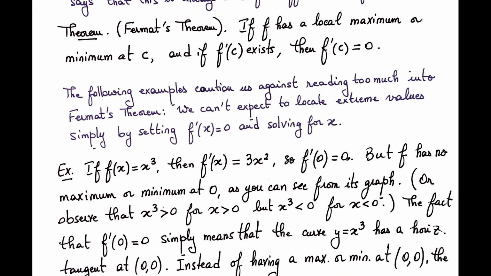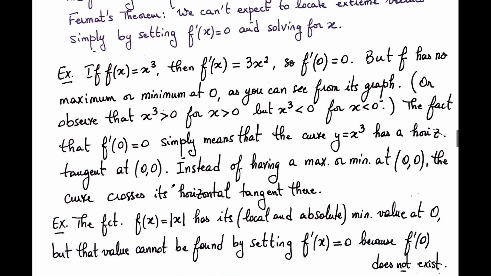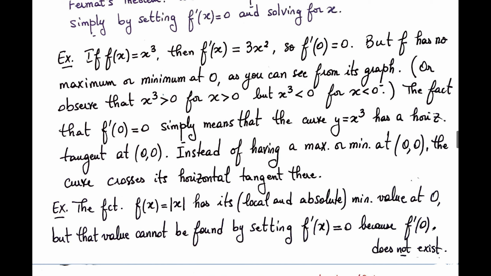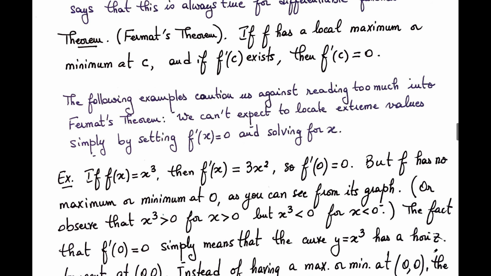Because f prime vanished here at a point which is not a local extremum, and also at this point, where we know that the local or global minimum occurs, f prime of 0 is not 0. It doesn't exist to begin with. Correct? So we have to be careful how to apply Fermat's theorem. You need these two assumptions together, hand in hand, to be verified in order for us to conclude.